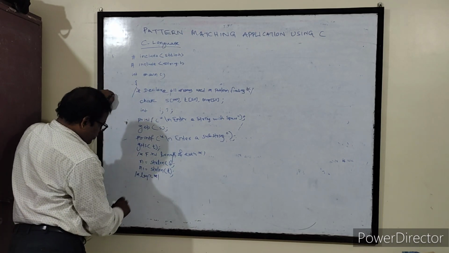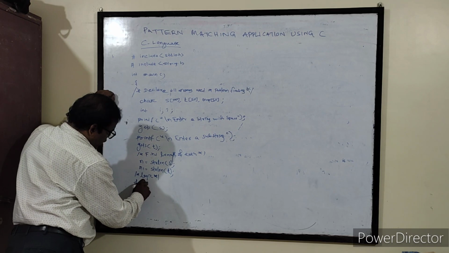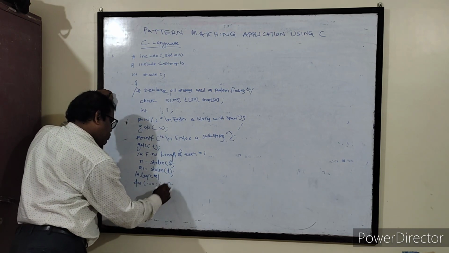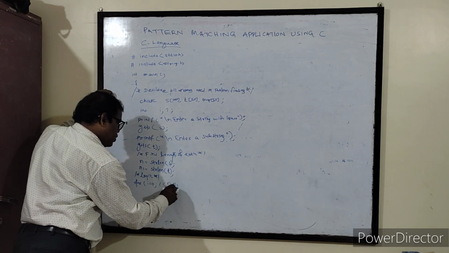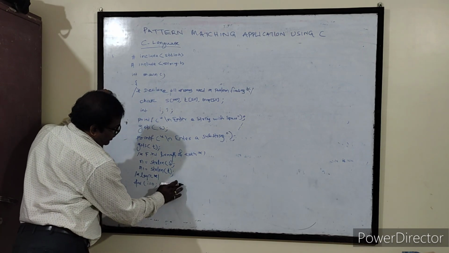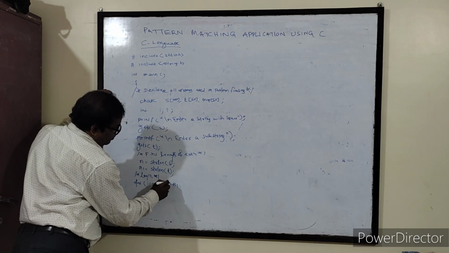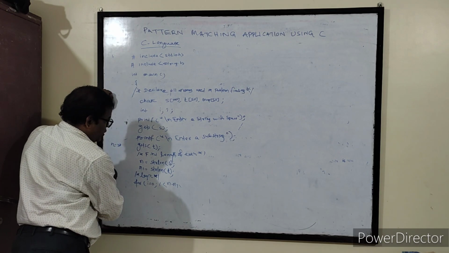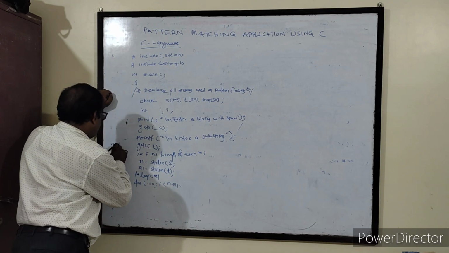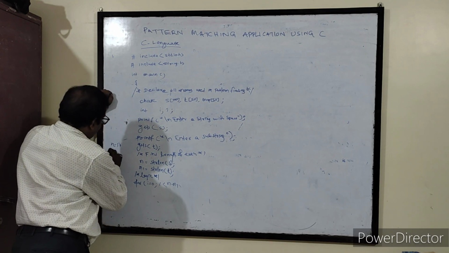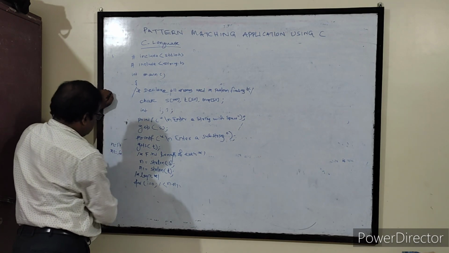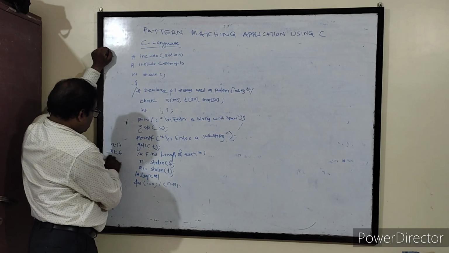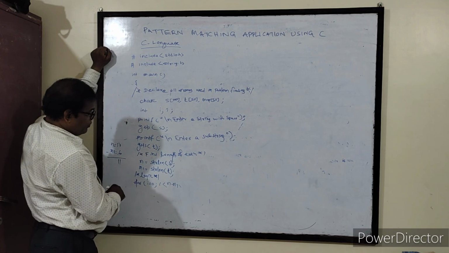We write a comment line, and then for i equal to 0, i less than n minus 1. Suppose n equal to 20, or even n equal to 17, and n1 is equal to 6. The difference here is 11.